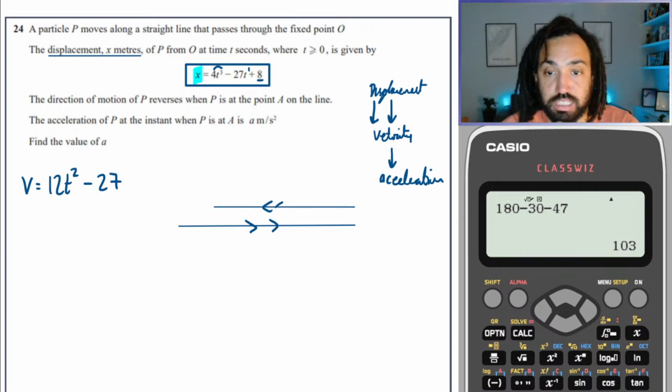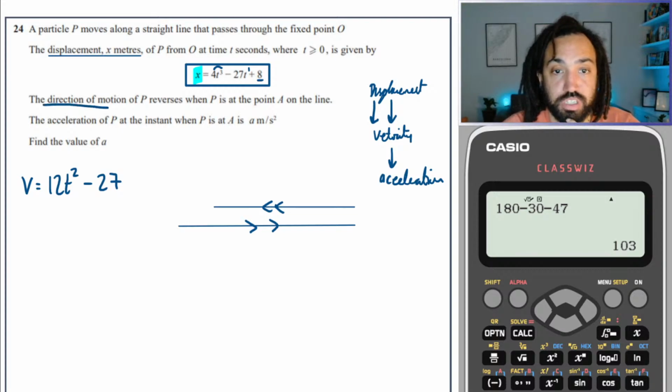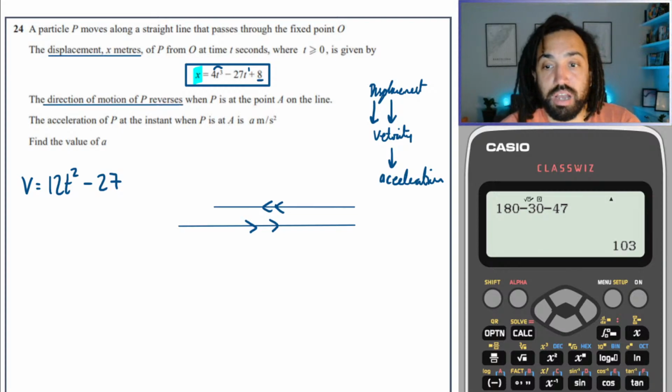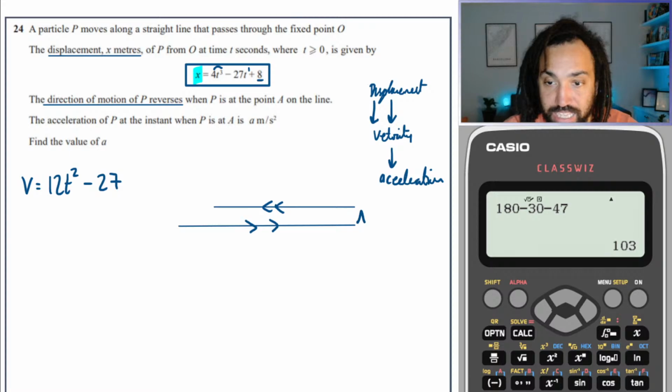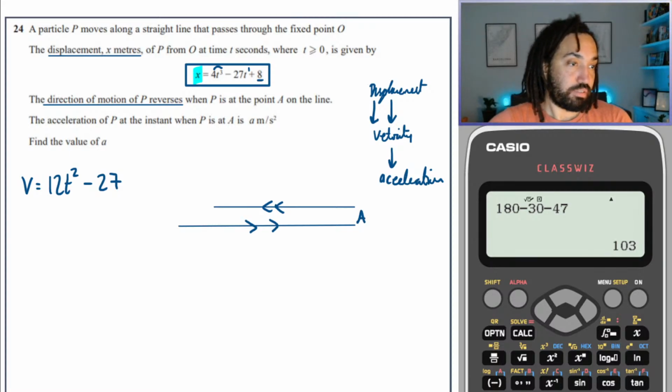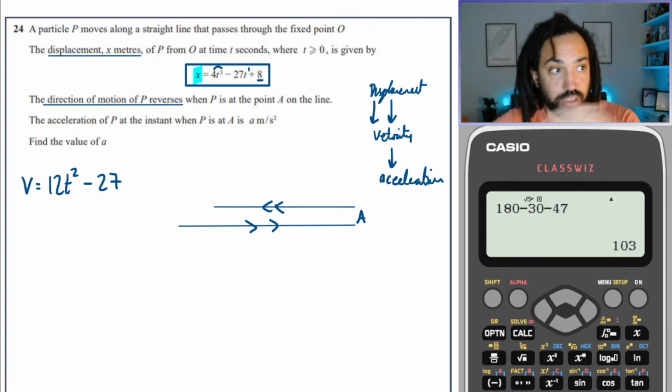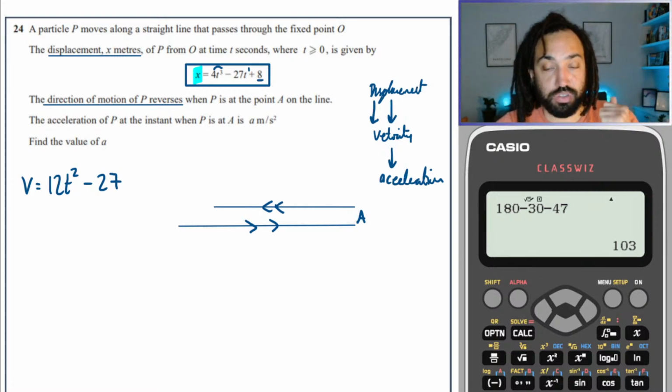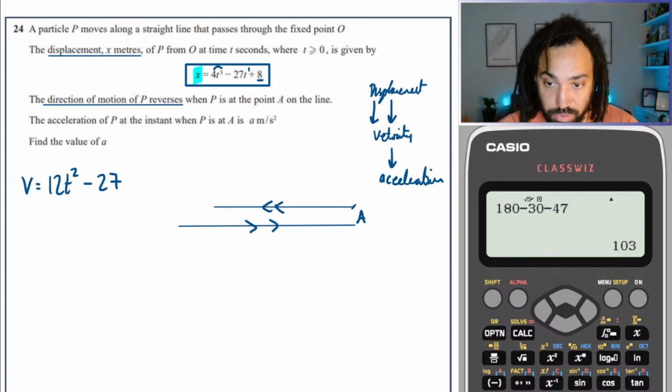It says that the direction of motion reverses. Now what happens at that point A? If you are going in one direction and then you turn back to go to the other direction, you must, at that particular point, have 0 velocity.